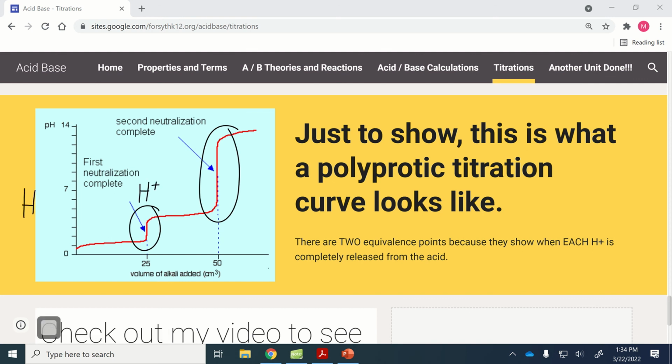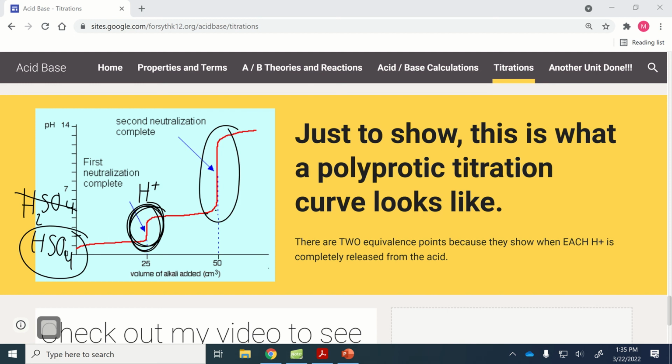So if this is like H2SO4, this is showing when one of those hydrogens has been completely eliminated from every single sulfuric acid molecule. So that's where every single sulfuric acid molecule is now gone, and I have HSO4-, which is still acidic, which is why we stay down below, and we haven't jumped all the way.